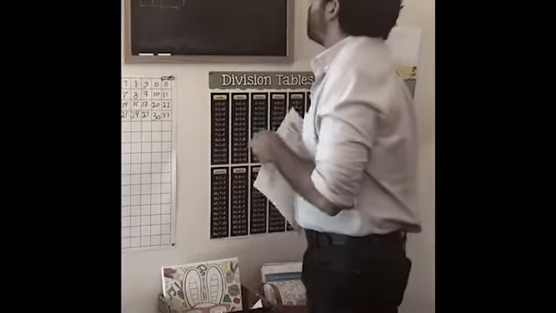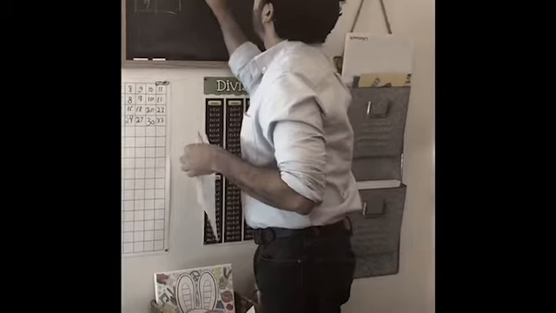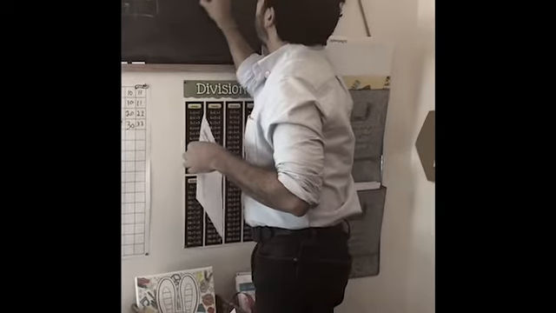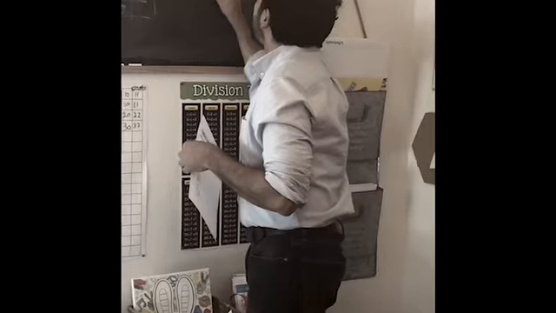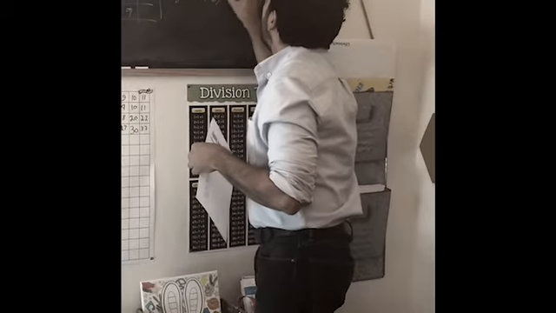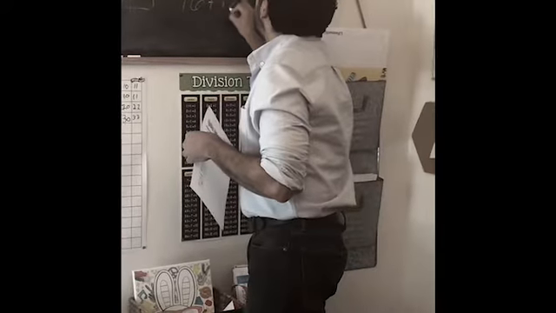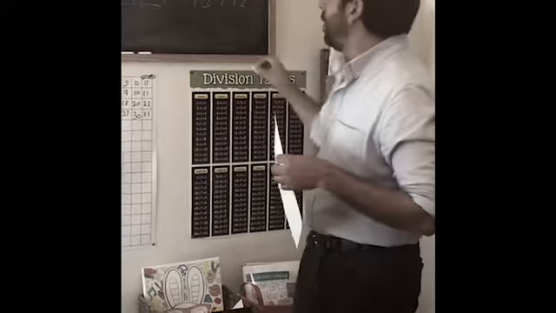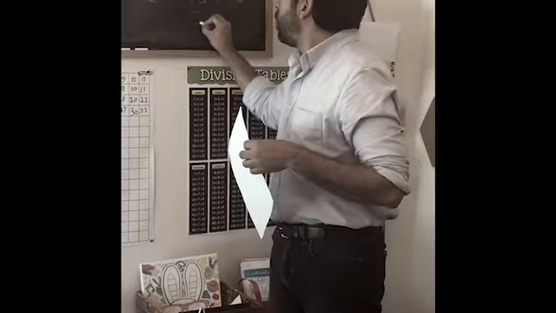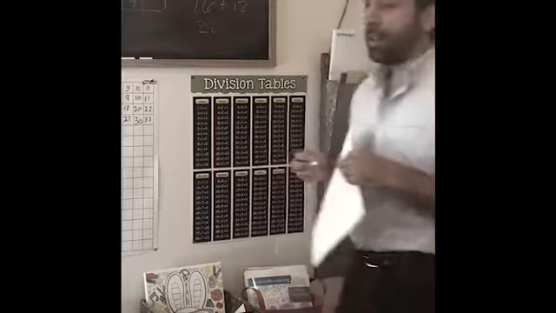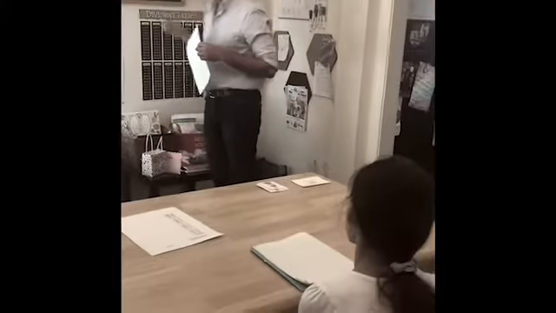I'm going to do one more. So Y equals 2 times 8 plus 12. 16 plus 12 is 28. So 28. Now I'm going to ask you really quick, do we see a pattern here?